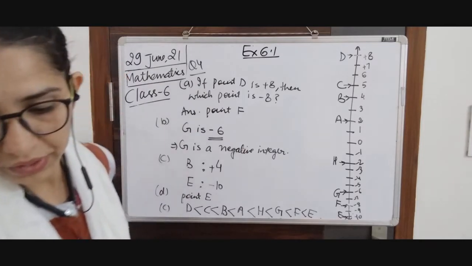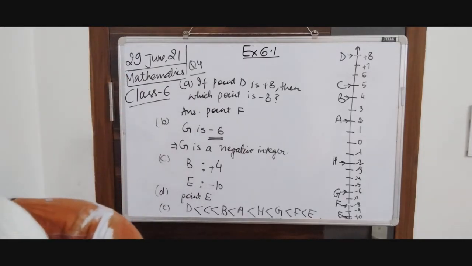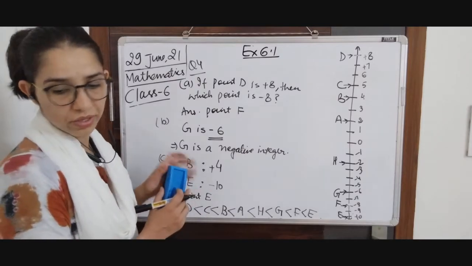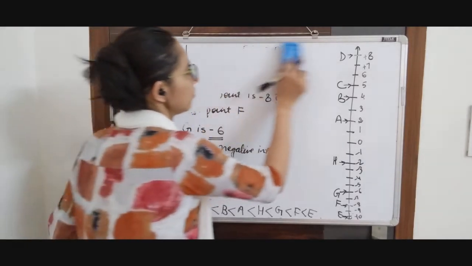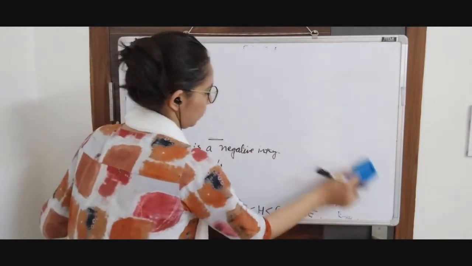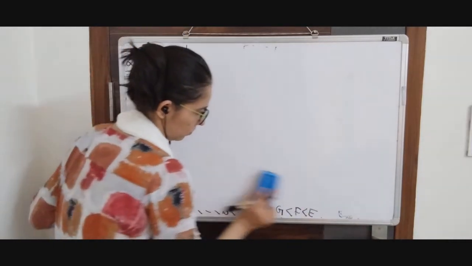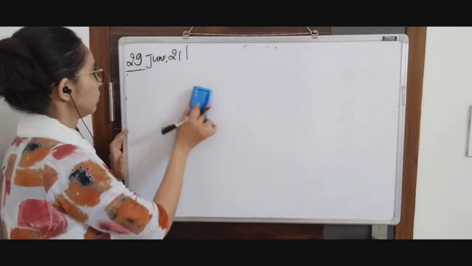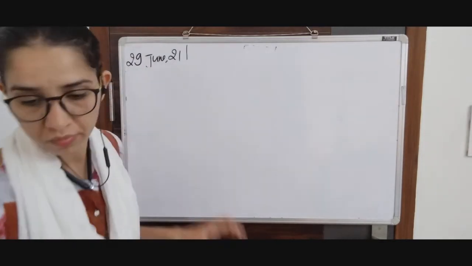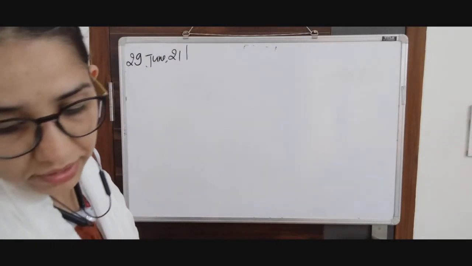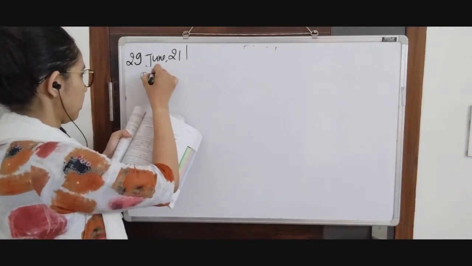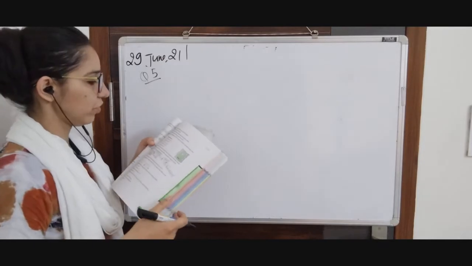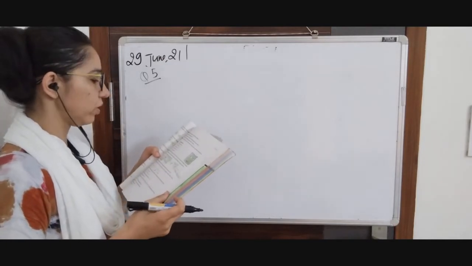So next is question number 5. Question number 5 is about temperatures. Following is the list of temperatures of 5 places in India on a particular day of the year.